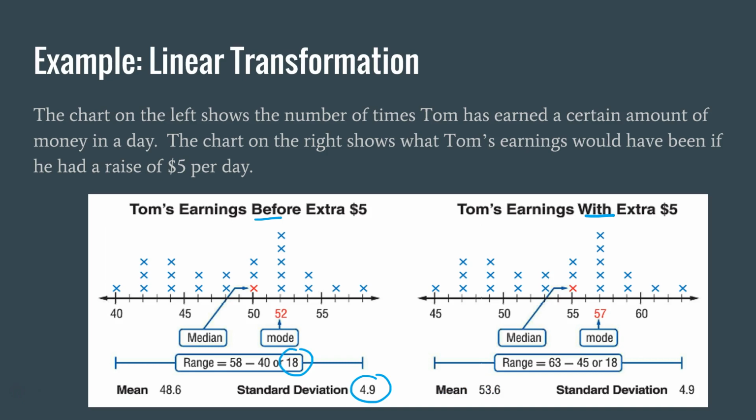Remember, he earned an extra $5, so our mean is going to go up by $5. And our mode, we went from 52 to 57. The reason is that we are earning an extra $5, which causes our mode to change.